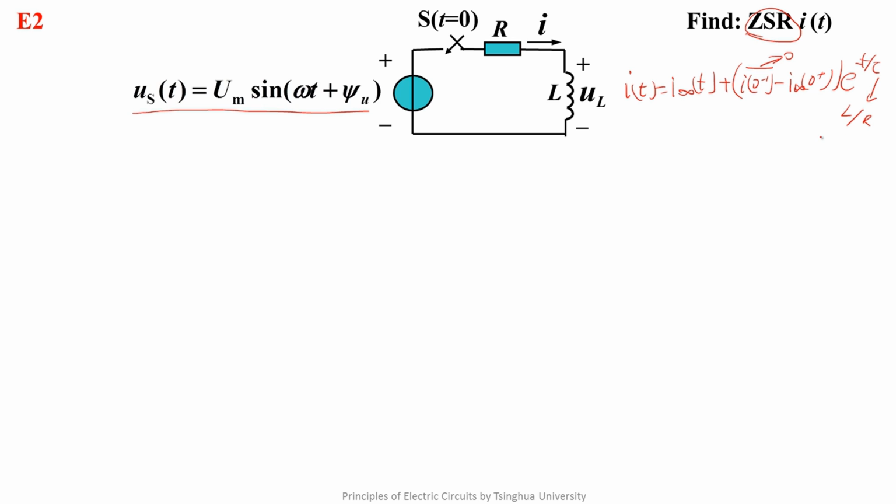Then the key for solving the problem is a steady-state time domain expression. For such a circuit, after the switch is closed, it means that the voltage powers the resistor and the inductor, so we can draw the circuit under phasor domain. For such a resistive circuit with complex coefficient, it's easy to find out this.